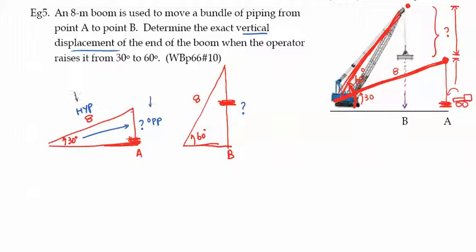Using opposite and hypotenuse, we will pick the one that applies in this case. Opposite, hypotenuse. You'll be using the sine ratio, which will give us opposite over hypotenuse.